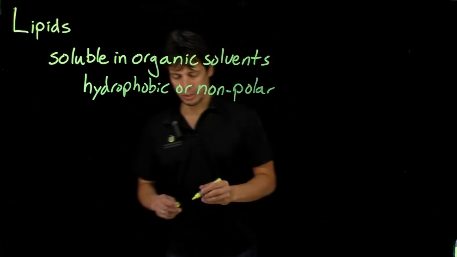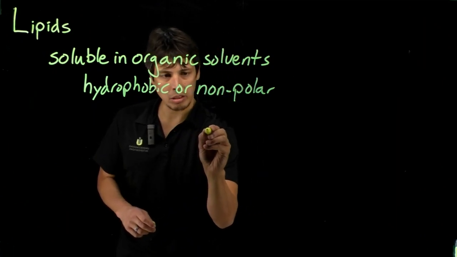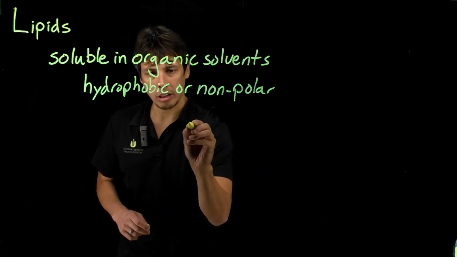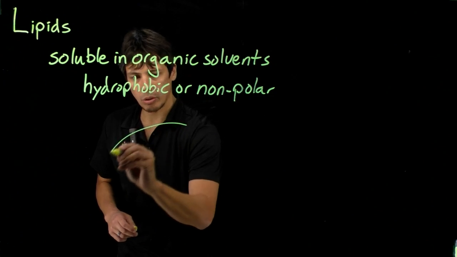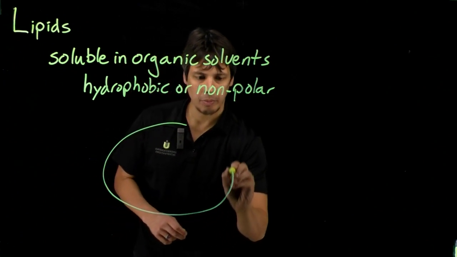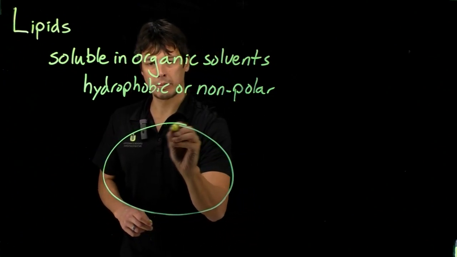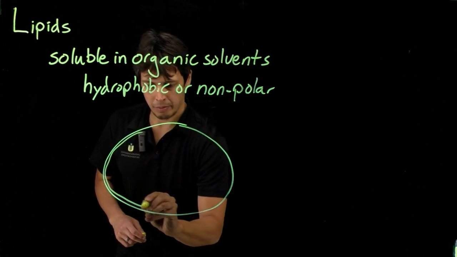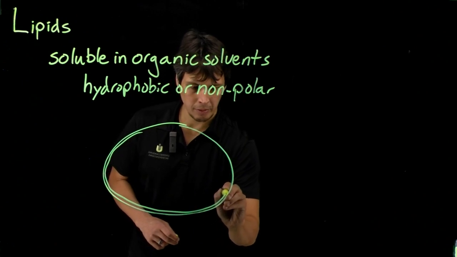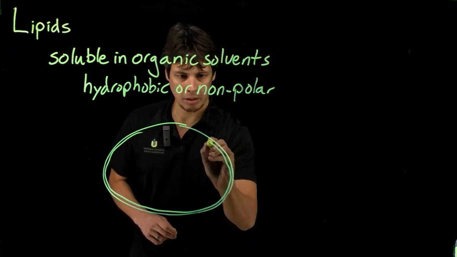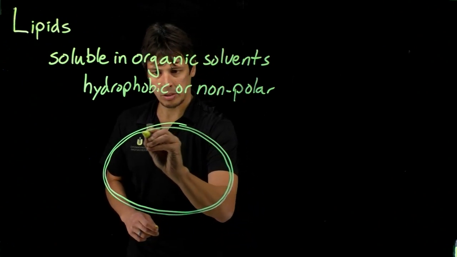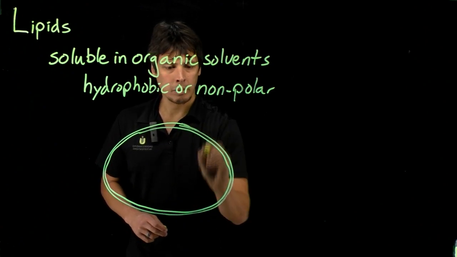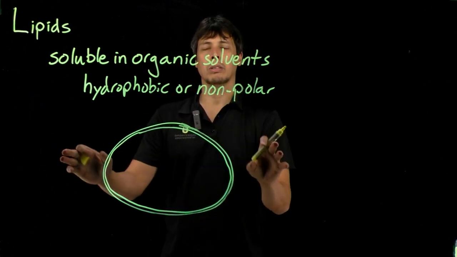And so these are, of course, important, as we discussed early on in the class, because as we know, part of what defines the cell is a membrane. This creates the barrier between inside the cell and outside the cell.